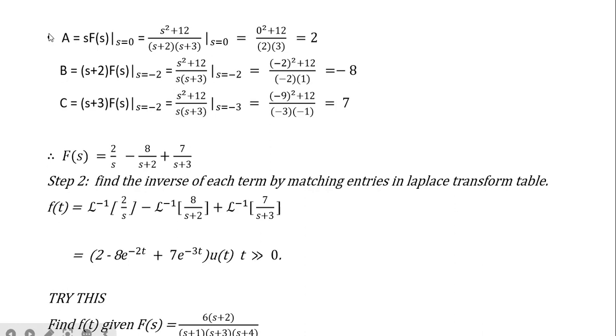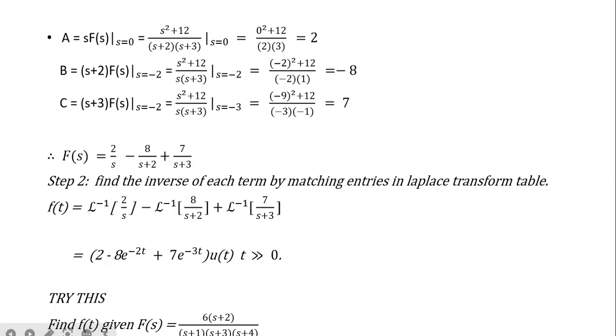Normally we're supposed to have s here, so when you multiply this by s, that s cancels. Then we substitute for s equal to 0. When we substitute that, you have 0 squared plus 12 all over, this side would be the numerator. The denominator will give you 0 plus 2, and 0 plus 3. So at the end of the day, this is going to be 2.